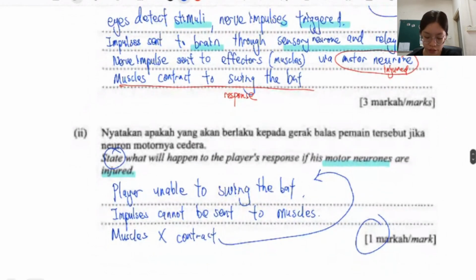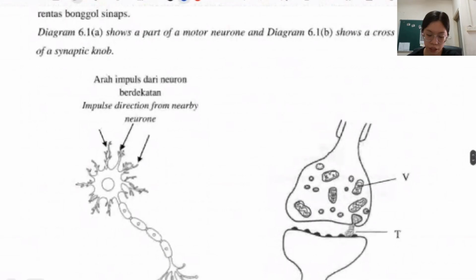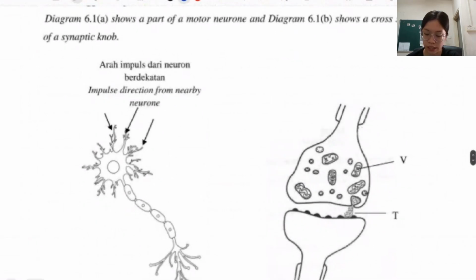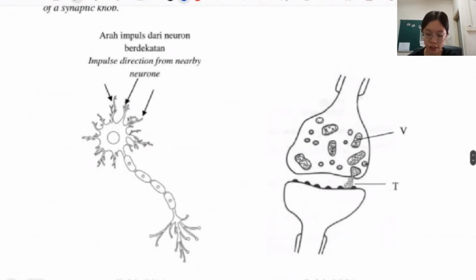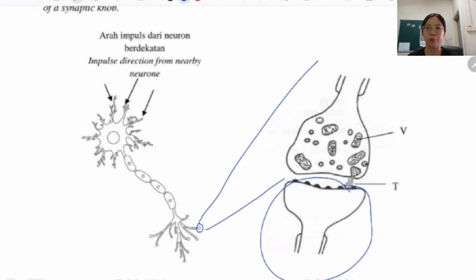Injured. Okay, moving on to the next one, which is talking about part of a motor neuron and cross section of the synaptic knot. So just now, this is actually the zoom in version of the synaptic knot right here. Oops, drew wrongly. This one. Okay, this one is actually a dendrite from other neurons.